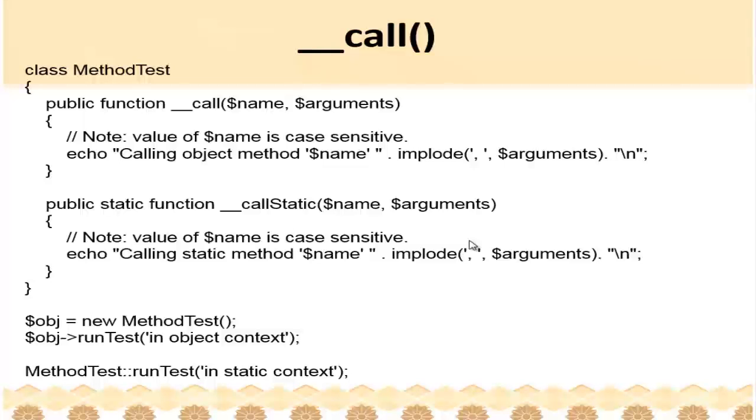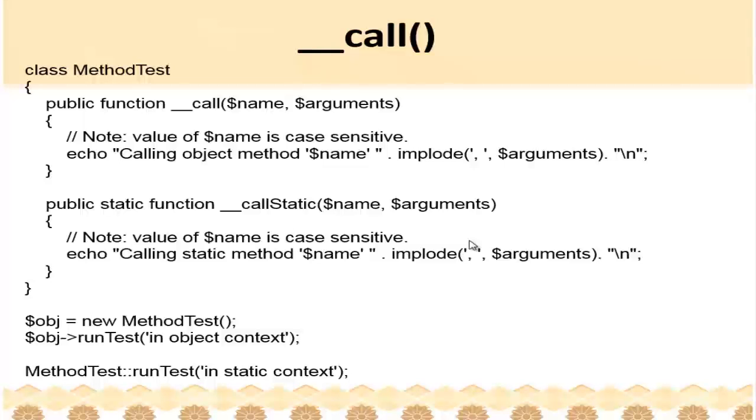If you want to create a runtime, that is an object method, you can use __call. Here you will notice that I create an instance of this class, new method, and then I try to call a method called runTest. You notice that runTest does not exist in the definition of the class.